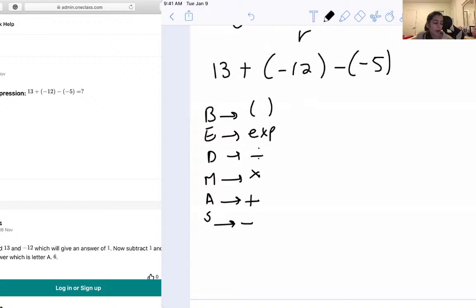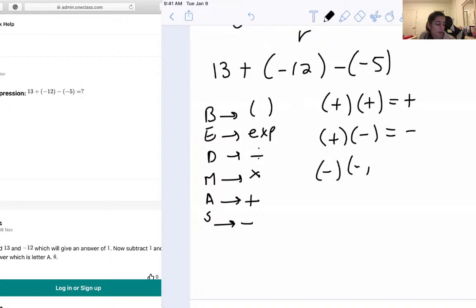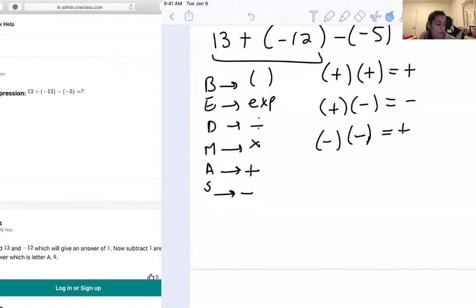We're also going to keep in mind that a positive and a positive equal a positive, a positive and a negative equal a negative, and a negative and a negative, when multiplied, equal a positive. Since it's all addition and subtraction, we're going to start with left to right.